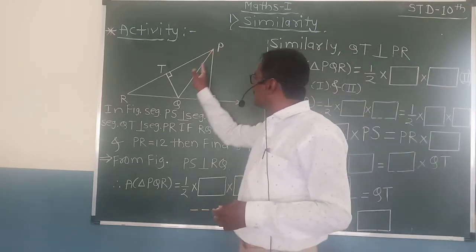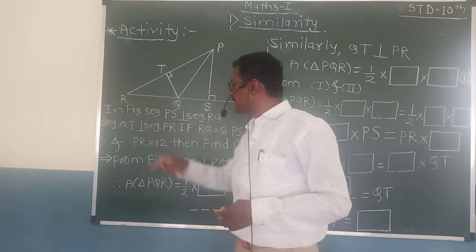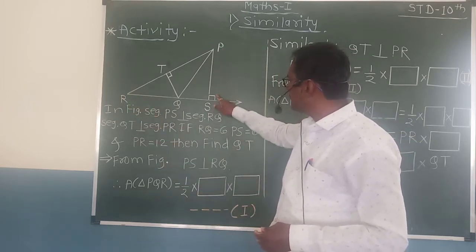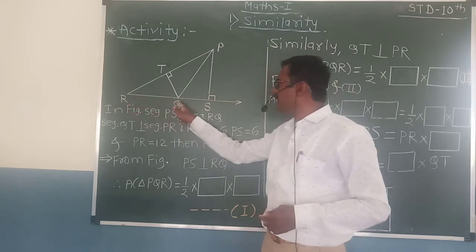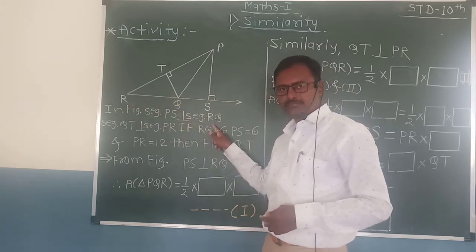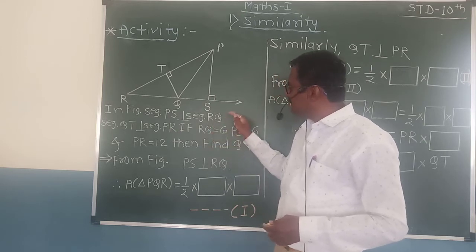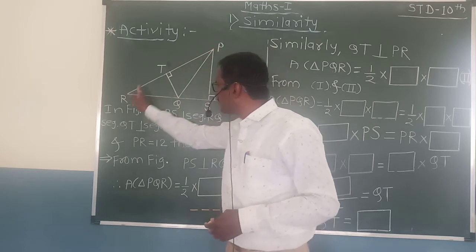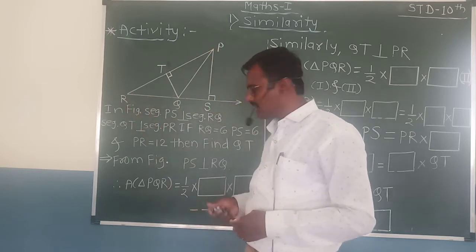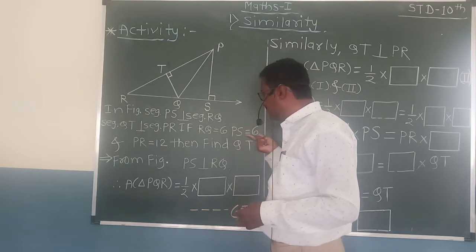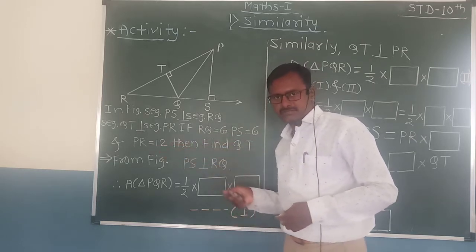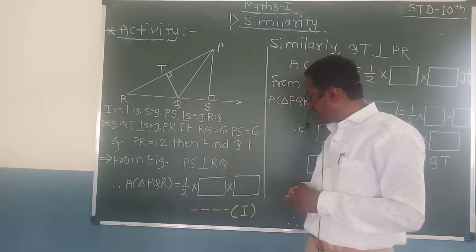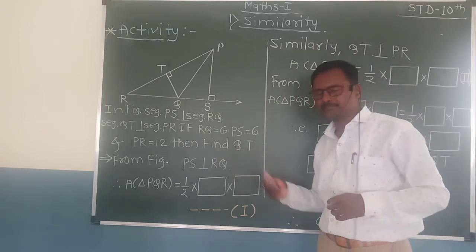They have given us a triangle PQR, and they have mentioned that segment PS is perpendicular to RQ, and QT is perpendicular to PR, and also mentioned the lengths of some segments. With the help of that, we have to find the length of segment QT.